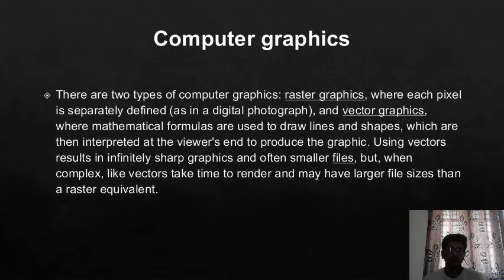Using vectors results in infinitely sharp graphics and often smaller files, but when complex, vectors take time to render and may have larger file size than a raster equivalent. So basically computer graphics has two types: raster graphics and vector graphics.